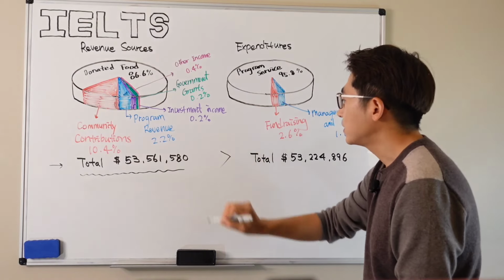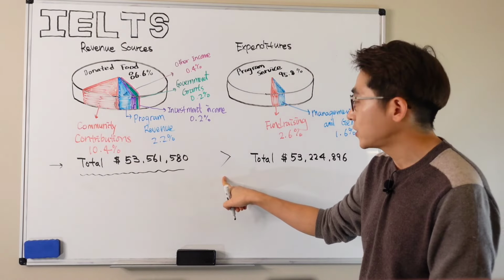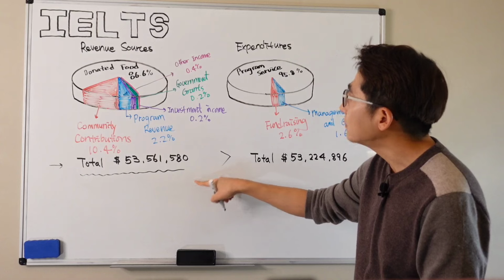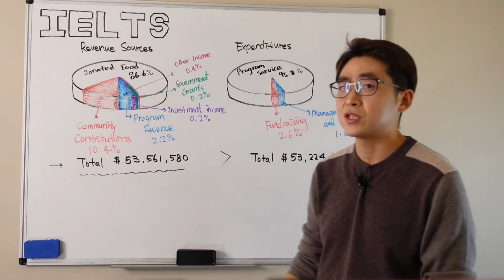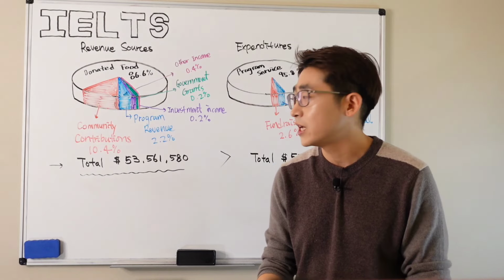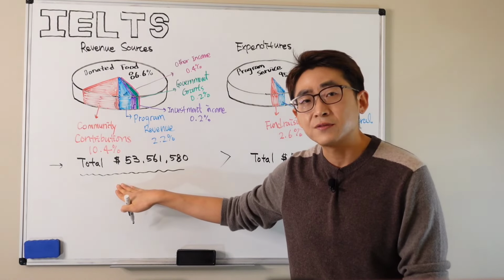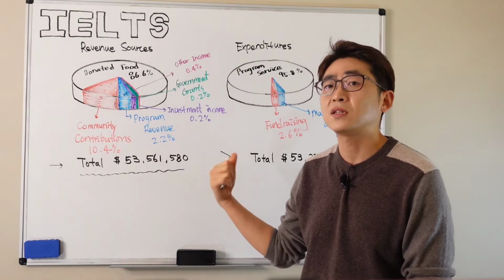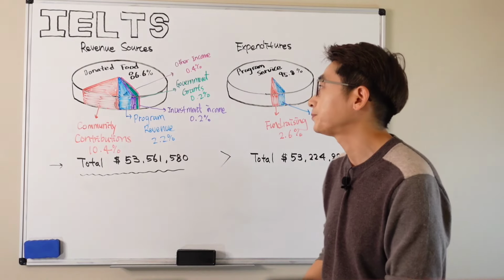So this one is greater. So they earned money enough to cover their expenses, which is good news, but this is not great news because it was barely enough to cover the expense. And we're gonna talk about that in our essay.